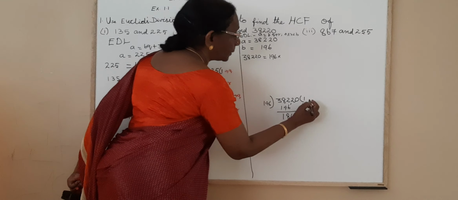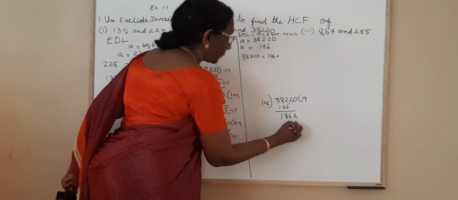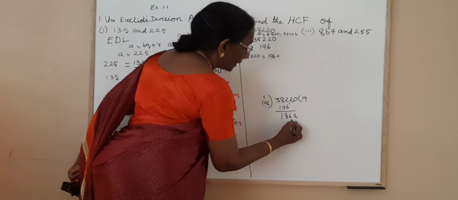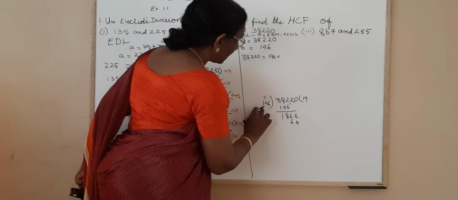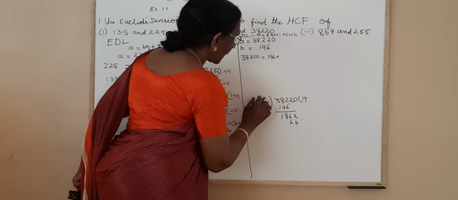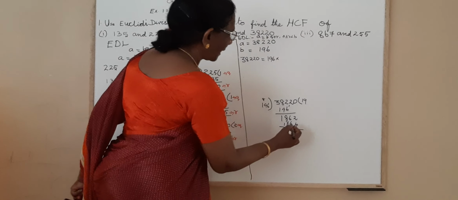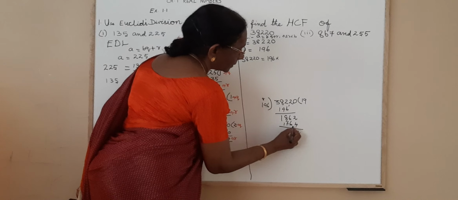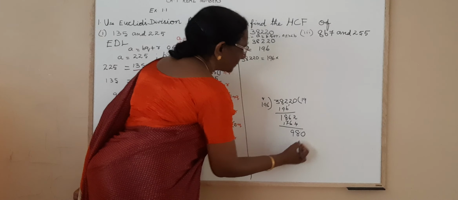So let us multiply by 9. 9 6s are 54, 9 9s are 81, plus 5, 86, 9 1s are 9, plus 8, 17. 12 minus 4, 8. 14 minus 6, 9. Now bring 0.